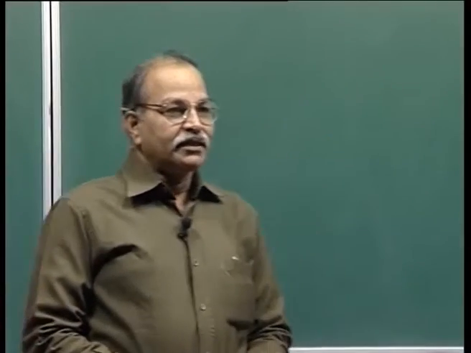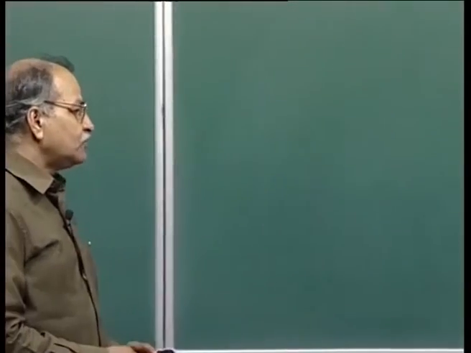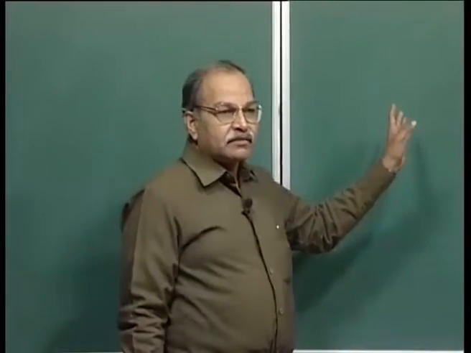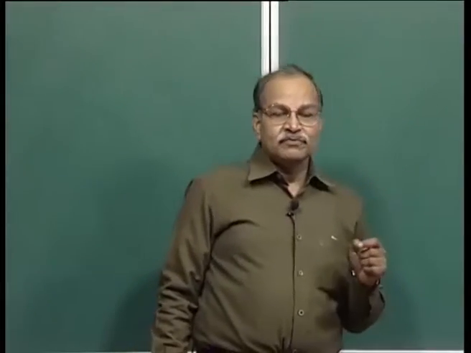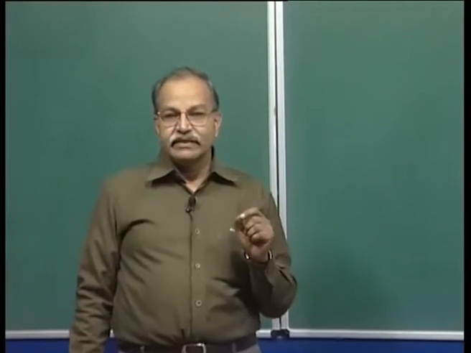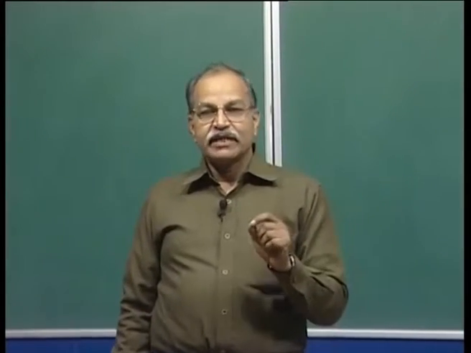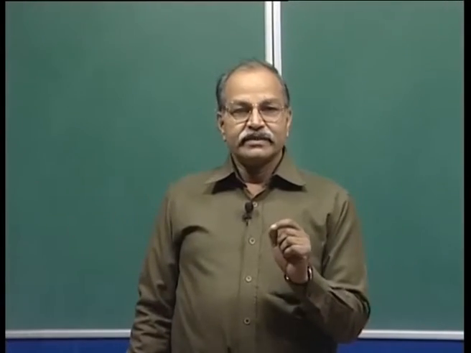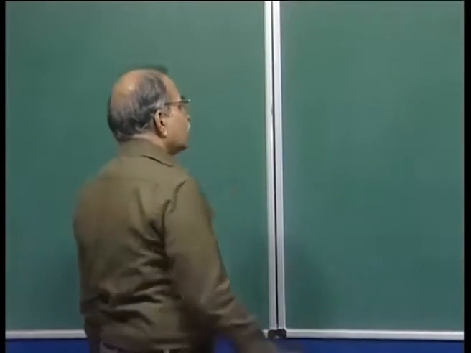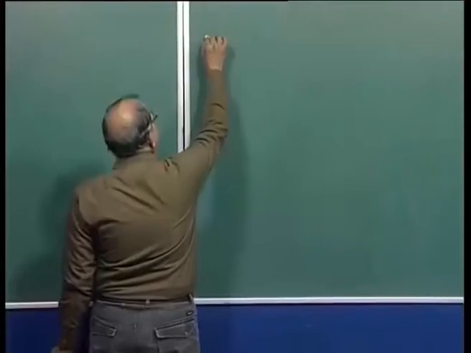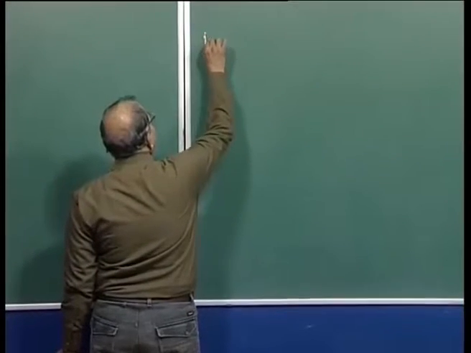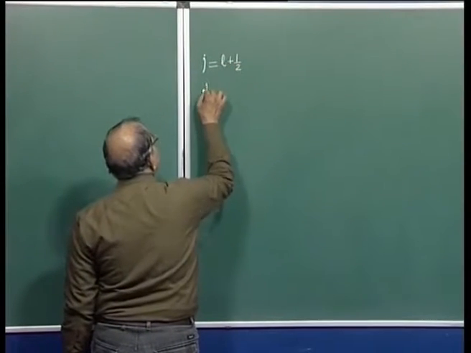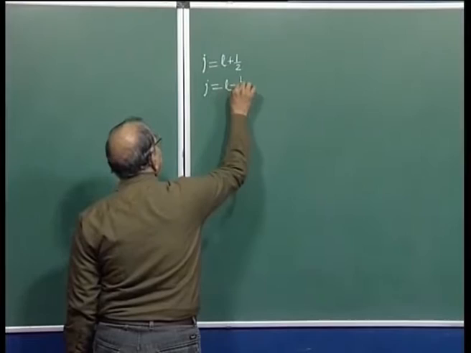So, magnetic moment of nuclei. In this extreme single particle model, we assume for odd A nuclei that the last unpaired particle decides the magnetic moment, and for that last unpaired particle we have two cases: J is L plus half or J is L minus half.